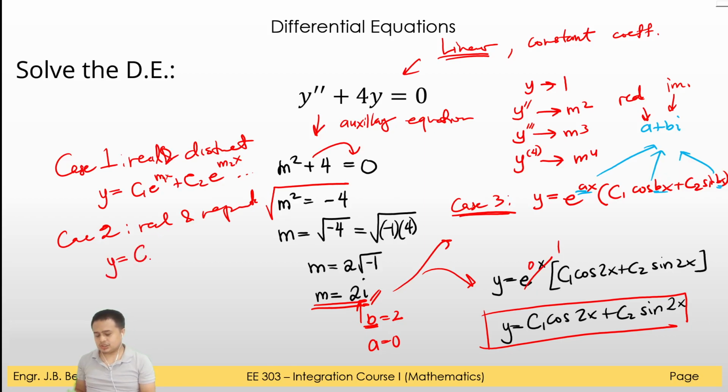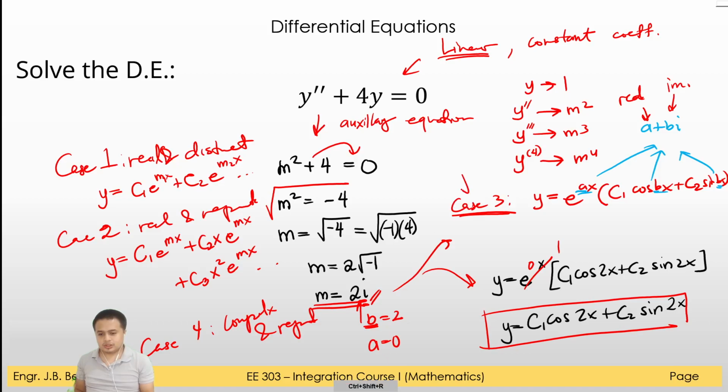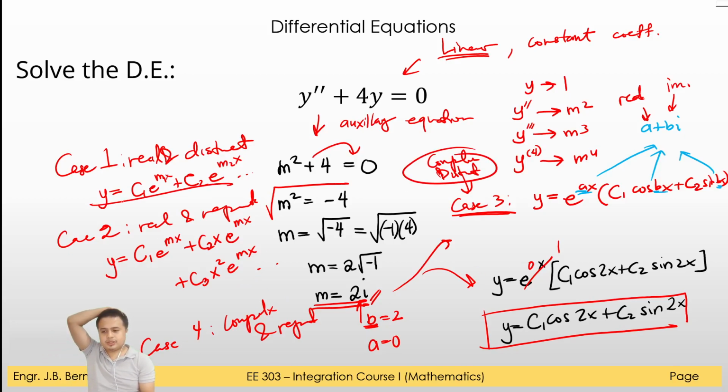So the general solution if it is repeated, you have c1 e raised to mx plus c2x e raised to mx plus c3x squared e raised to mx and so on. And then for case 4, it is a combination of complex and repeated. Okay, so actually this is just complex and distinct. So just review this, no? And this is quite important.